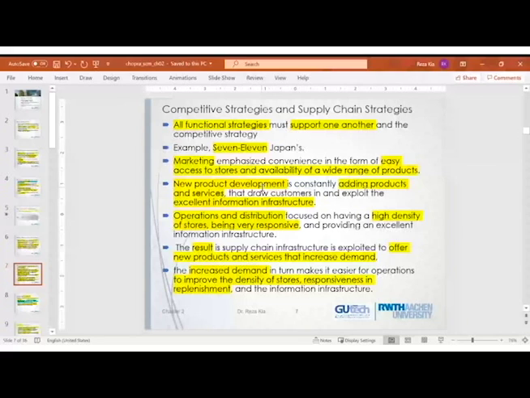You are providing some advantages in your supply chain. For example, in 7-Eleven, different advantages are provided by different supply chain strategies. And then as a good result, you will have increased demand. By increasing the demand, you increase profit. By increasing the profit, again, you can use that money to improve your information system, to automate your manufacturing and warehouse system, and there would be other benefits as well.